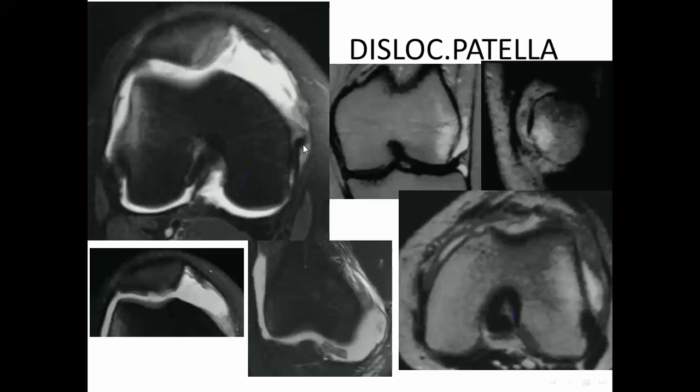Dislocation of the patella, here is evident the interruption of the medial retinacula, the kissing contusions here and there, and the joint effusion with separate fragment sometimes, avulsed fragment. Here is the osteochondral fracture.